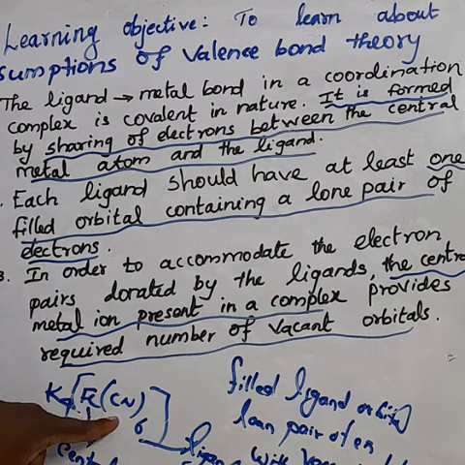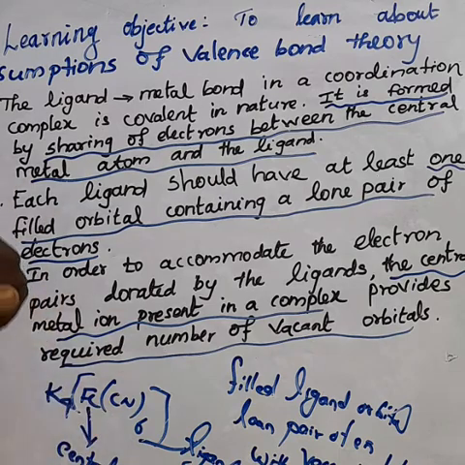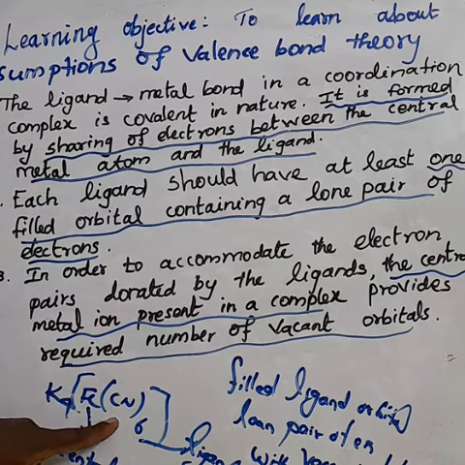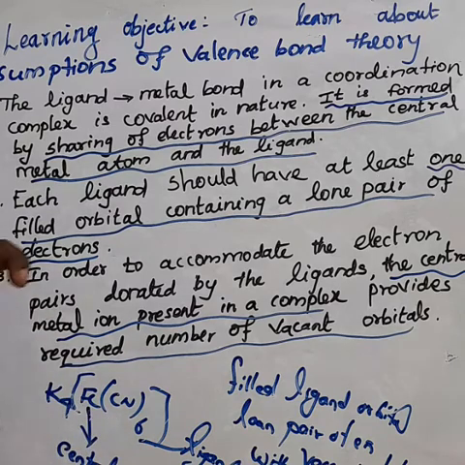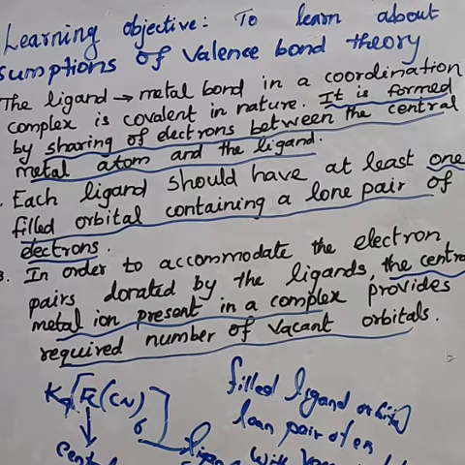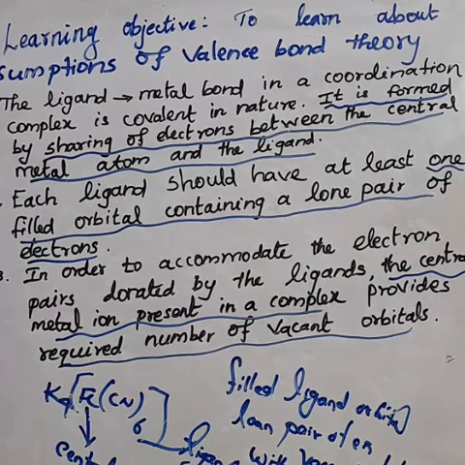The ligand should have at least one filled orbital containing a lone pair of electrons. It must have one filled orbital containing a lone pair of electrons. This is the second point. What is the third point?